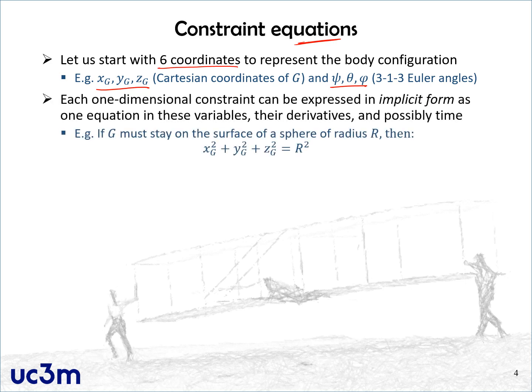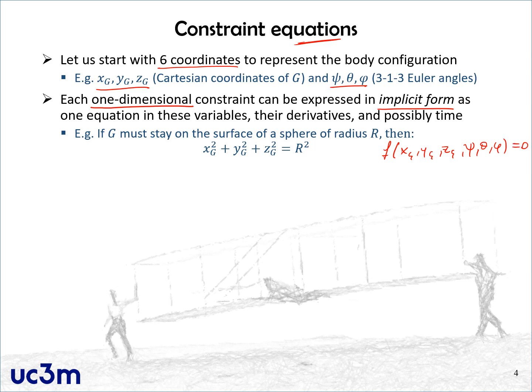We know that if we specify these 6 numbers, we can completely determine the configuration of the rigid body. So if we have a one-dimensional simple constraint, we know that we can express that in implicit form as a single equation. The equation will have the form of some function of the coordinates that we have chosen, equal to 0.